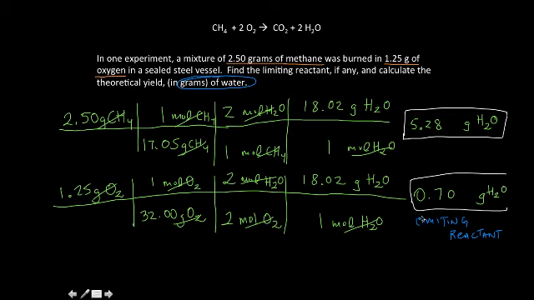Now, because this is the limiting reactant, because this is the most water that we can get from the amount of reactants that we were given, then this is our calculated theoretical value. It's our theoretical yield.